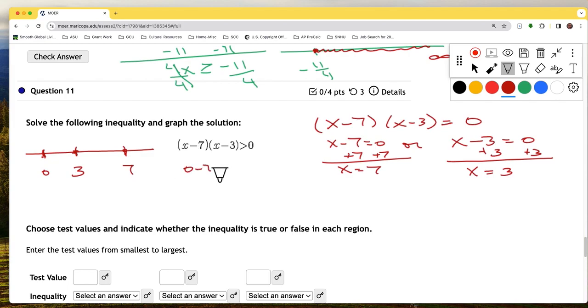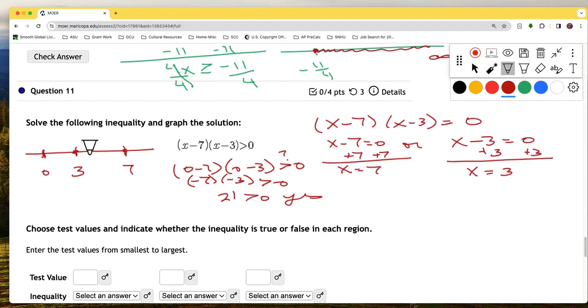So 0 minus 7, 0 minus 3, is that greater than 0? This is a question. We get negative 7 times negative 3. A negative times a negative is positive. It is greater than 0. Yeah, that's positive 21. Yes.